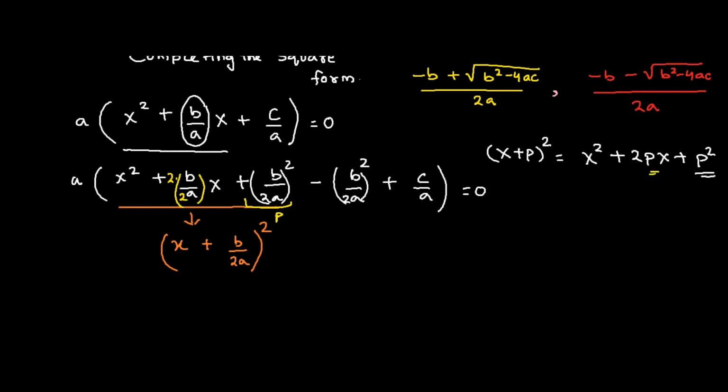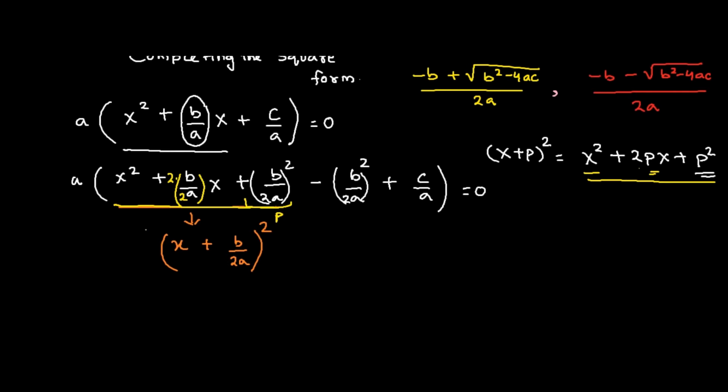So we are mapping these three terms to the first three terms over here. The x² term is the x² term, in the 2px the value of p is b over 2a, and the value of p² will be (b/2a)². So we write it in this form, (x + b/2a)².